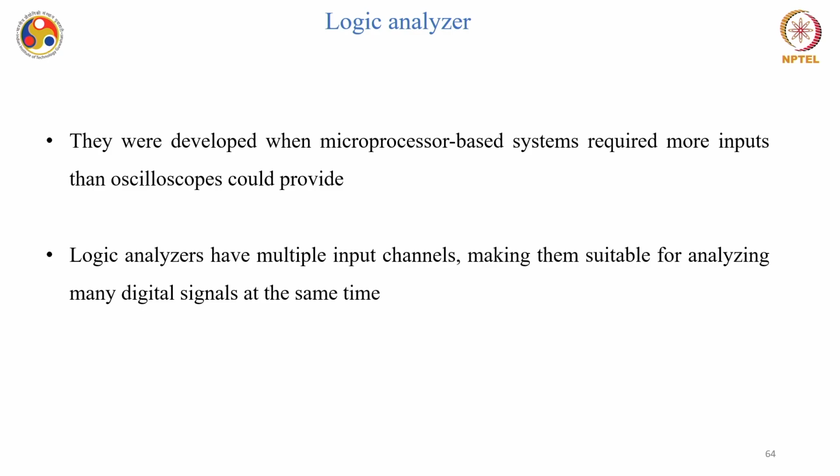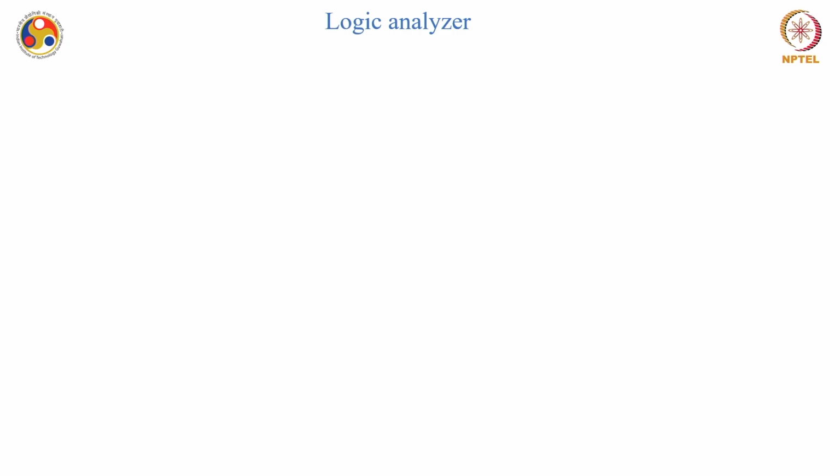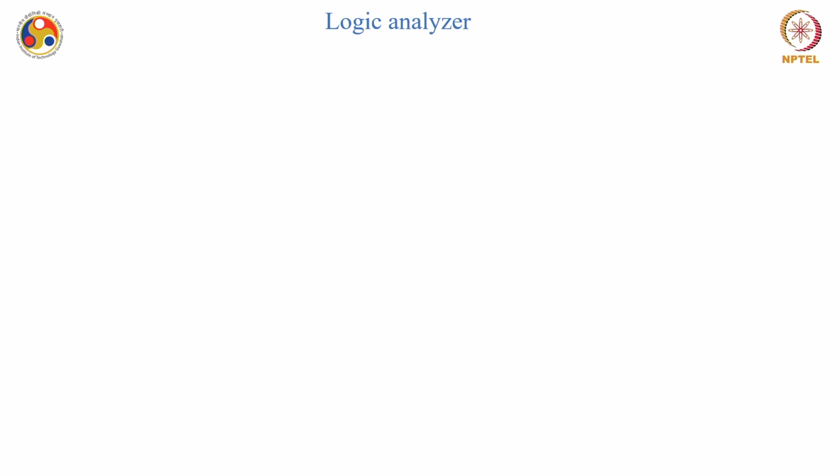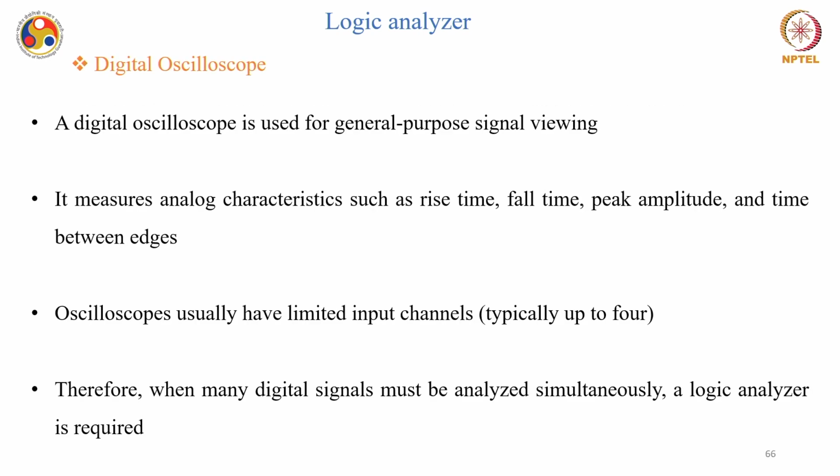They have multiple input channels, making them suitable for analyzing many digital signals at one time. They have higher acquisition rates and larger channel counts to keep up with modern digital technology. Logic analyzers are an important tool for debugging and developing digital systems. A digital oscilloscope is used for general purpose signal viewing.